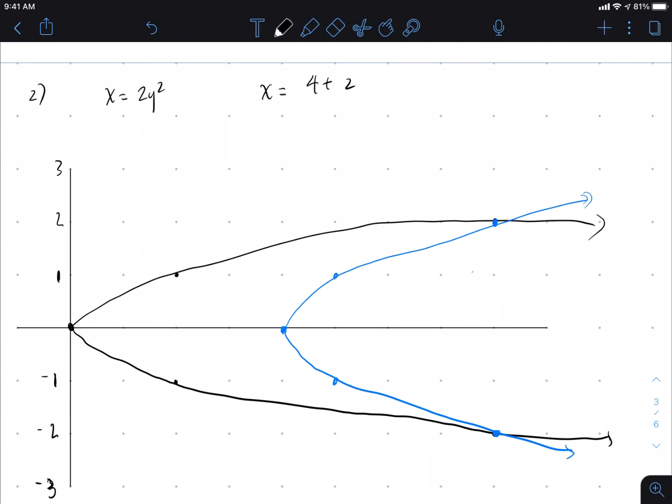Oh, cool. Wait, how am I supposed to know? Hold on, I've got to fix this. This is supposed to be y squared. What about the graph? Don't we need to know the x point? You guys told me it was a dy, right?